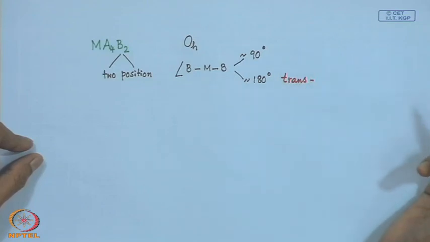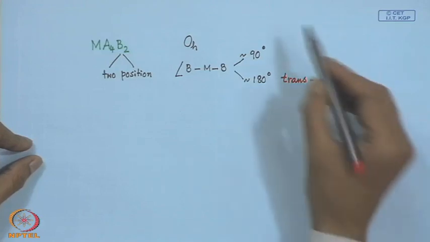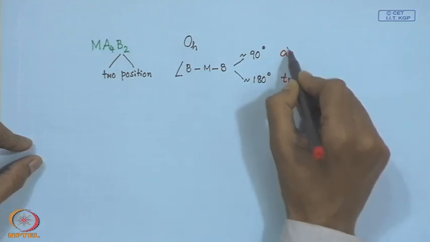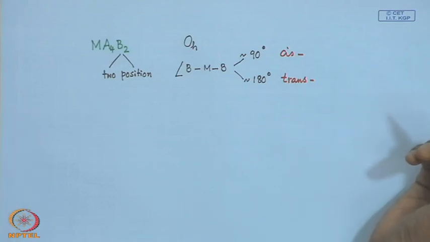We will discuss this when we study isomerism. The other arrangement is the cis geometry.